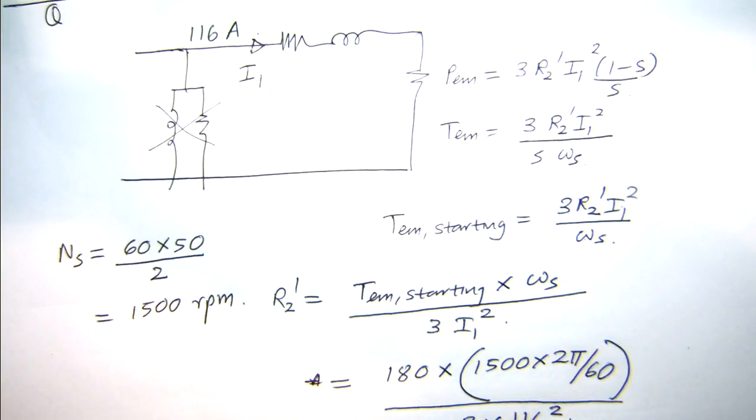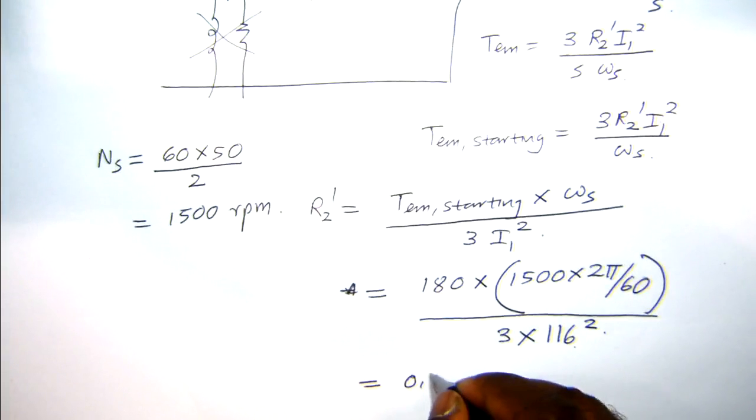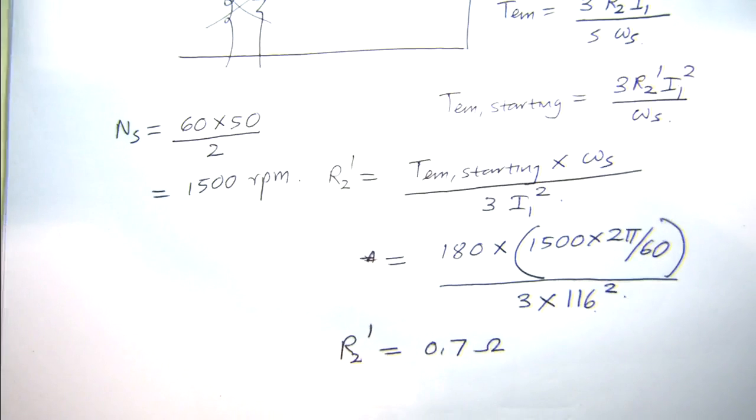So this will be your stator referred rotor resistance. So you have 0.7 ohm for rotor resistance.